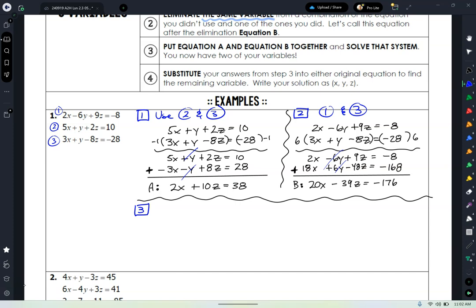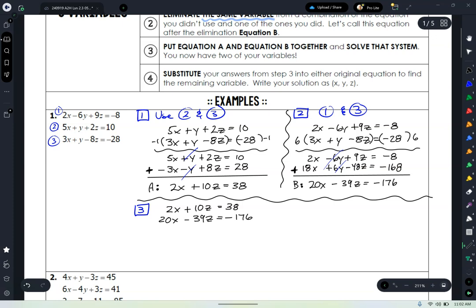So we take our 2 equations here: equation A, which is 2x plus 10z equals 38, and 20x minus 39z is equal to negative 176. We're going to solve that system of equations. So go ahead and do that.